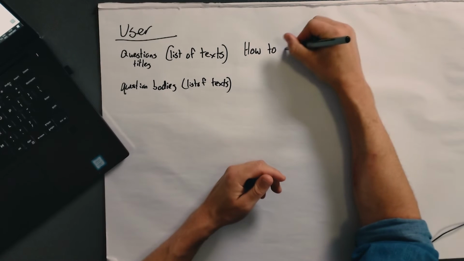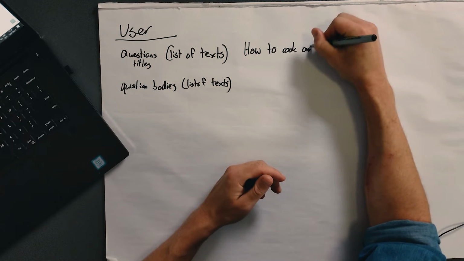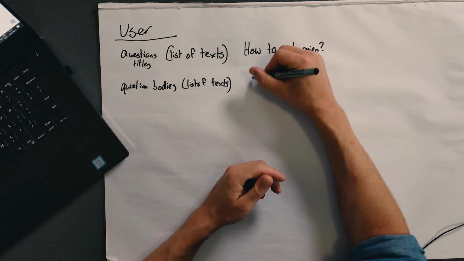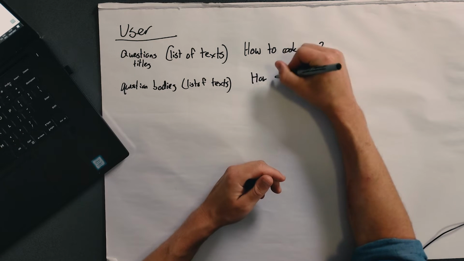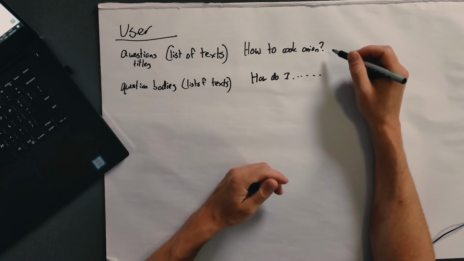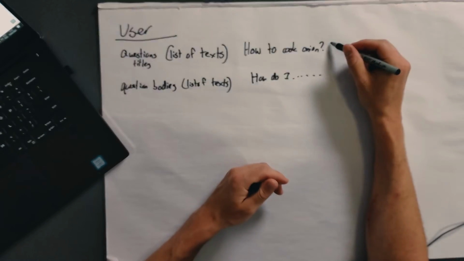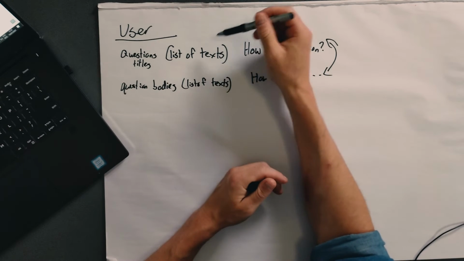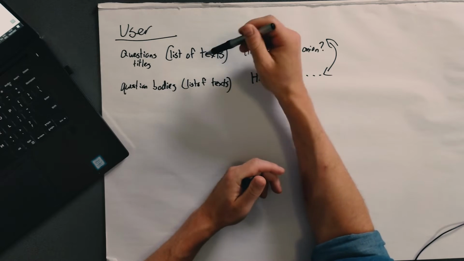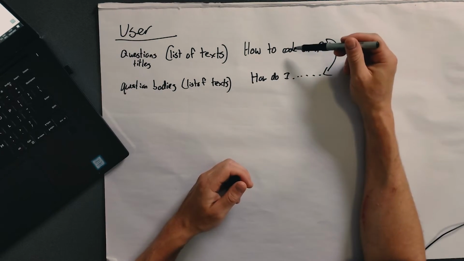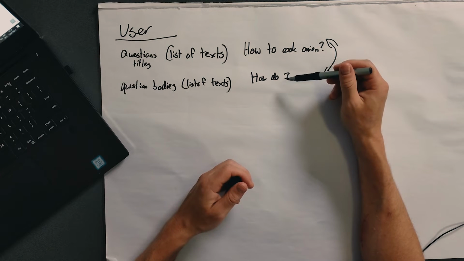How to cook onion. And then here's the body, right? These are two separate text fields. They belong to one another, but there's nothing inherent in this text field that knows that we can connect this question title with this question body.